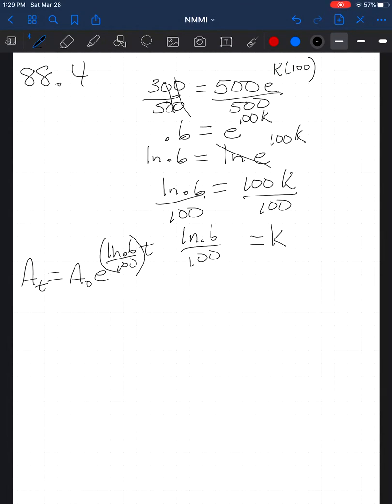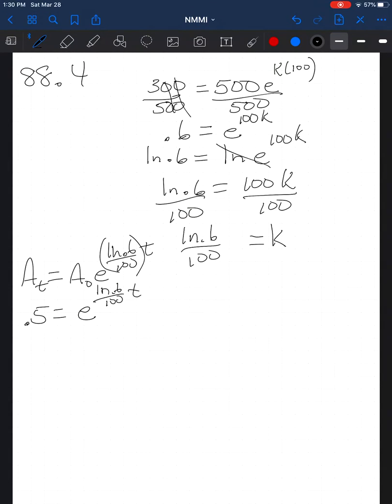All right? To find the half-life, we could actually do that right now without knowing the initial amount, because no matter what the initial amount, the half-life will be twice that much over here, right? I mean, this would be 400, 200, 500, 250, whatever. When we divide it, we'll get 0.5 equals e to the ln 0.6 divided by 100 t.